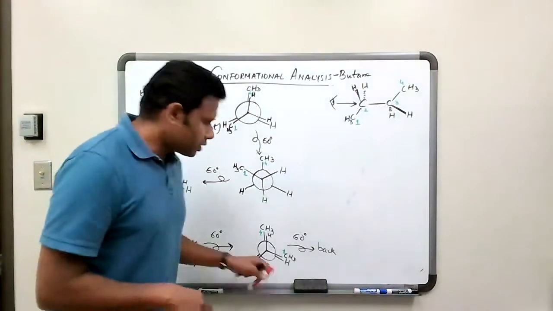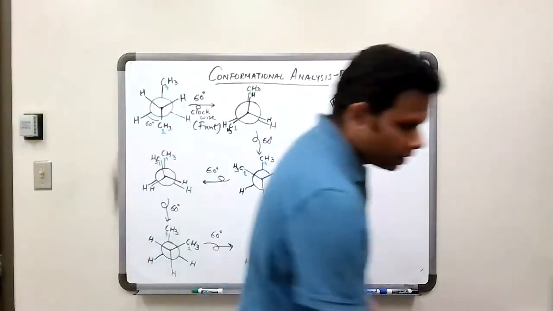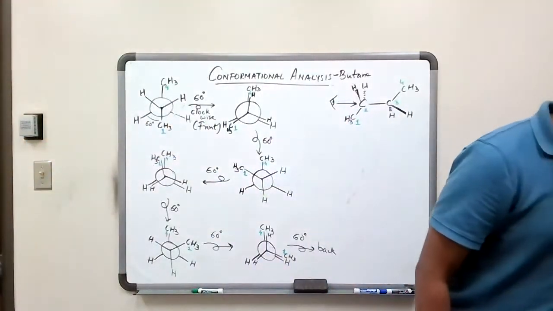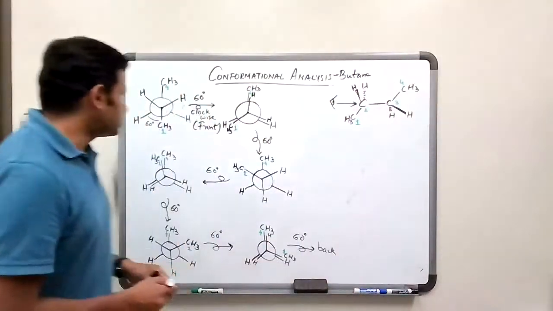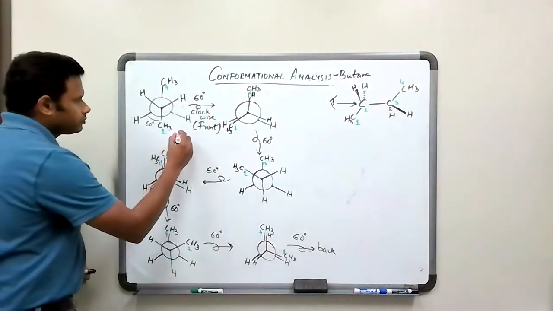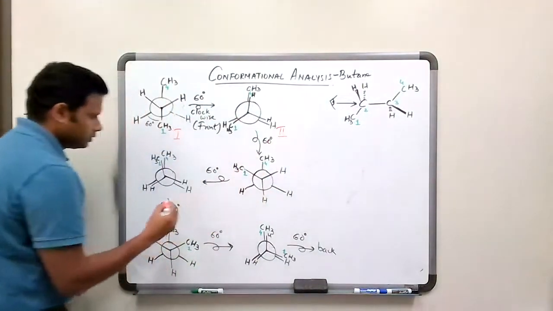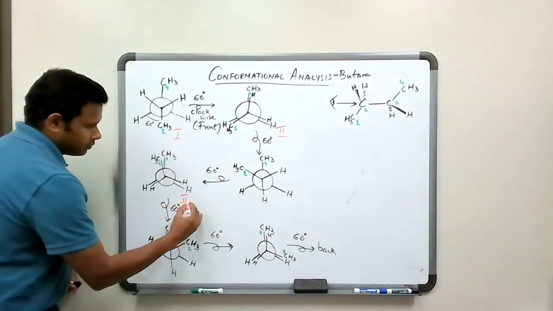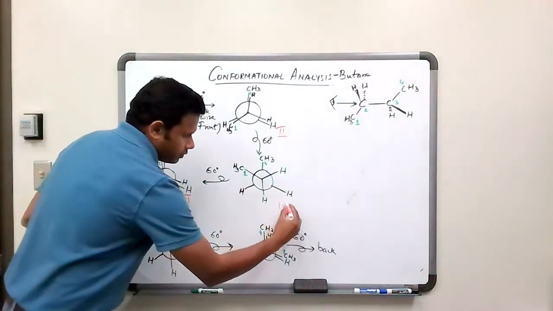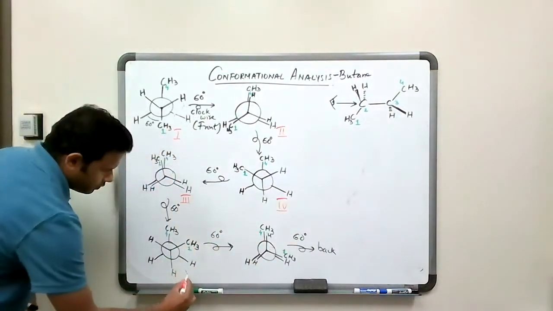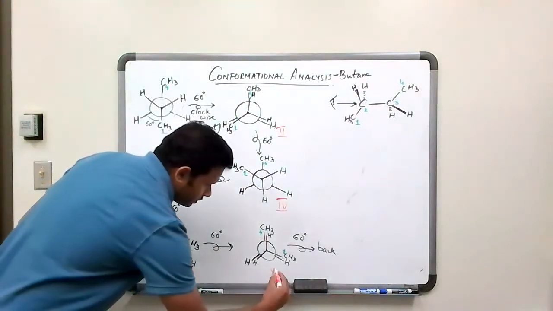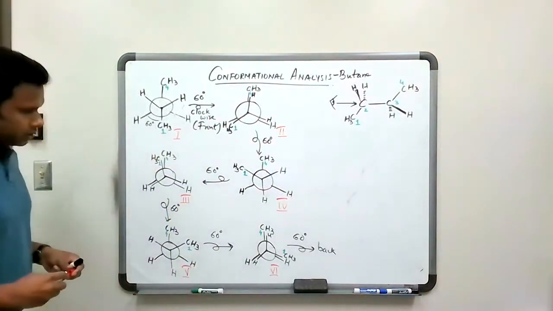And in fact, to help with the process, let me just go ahead and label these structures. Okay, so let's say we have 1, 2, 3, 4, 5, and then 6. Okay, so those are the structures that we have.